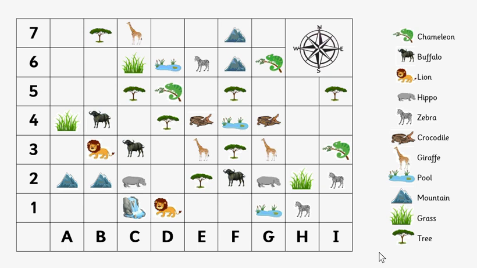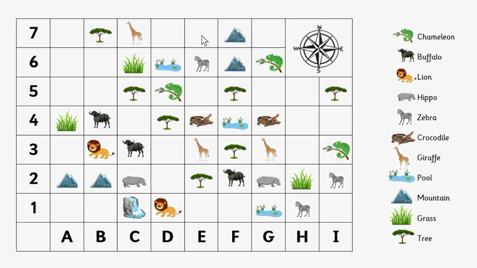Ready for example number 5. Start in box E7, facing north. So what you could do is put your finger on E7, or point at E7, and then with your compass and your pointer, your pencil or your arrow, make sure it's pointing north.